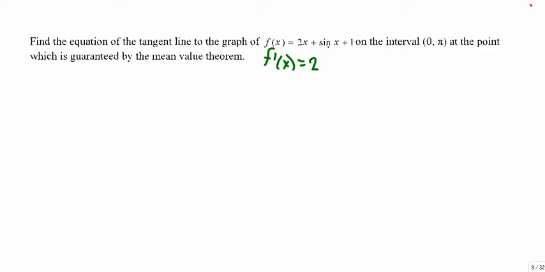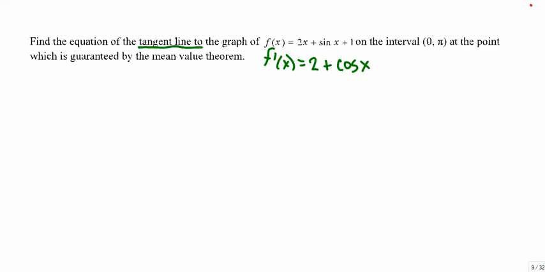So that's 2 times the derivative of sine, which is cosine x, plus 1. All right, cosine is defined for all of 0 to pi. So it fits the first condition of being continuous and differentiable.